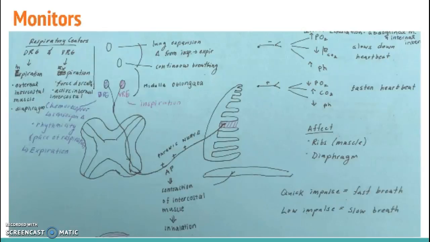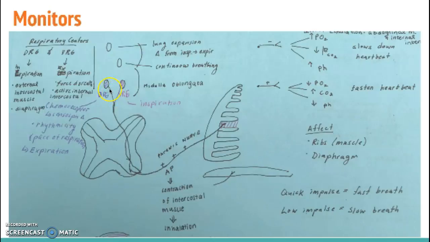Here you could see the medulla oblongata, and here are your respiratory centers, the DRG and the VRG. The DRG has chemoreceptors that are going to detect PCO2, pH, or H concentration based on the carbon dioxide in the interstitial fluid.